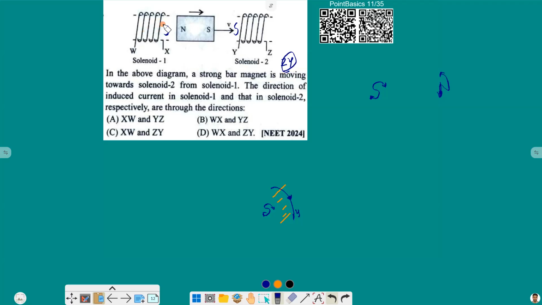Now coming to this solenoid, again here we will have south pole. So in this case, let's again try to plot it in the 3D form.